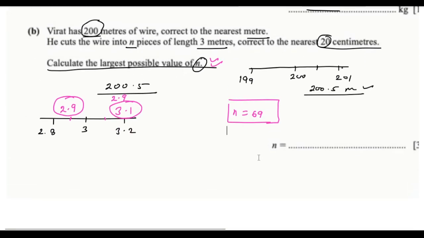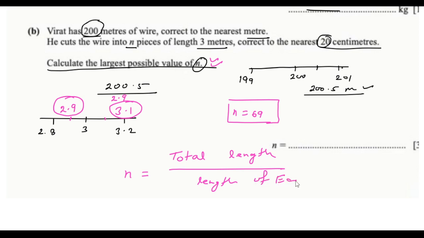Why did I take 2.9? The number of pieces n is its total length divided by the length of each piece. Now, n will have a greater value when the numerator is greater and the denominator is smaller.